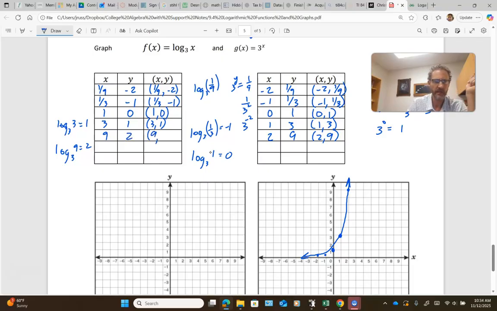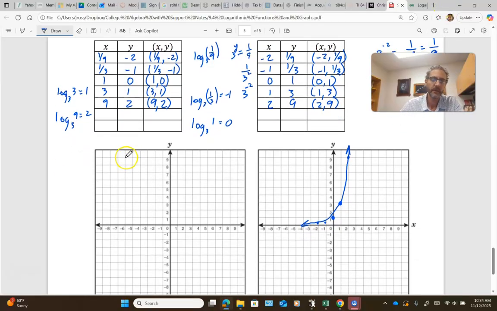So hopefully you're developing a little bit of intuition in working with these logarithms, because these can be challenging to wrap your mind around. But now if I plot these ordered pairs on this graph here, I only go to the right a ninth of the way, and then I go down 2. So this one is barely to the right of the y-axis.